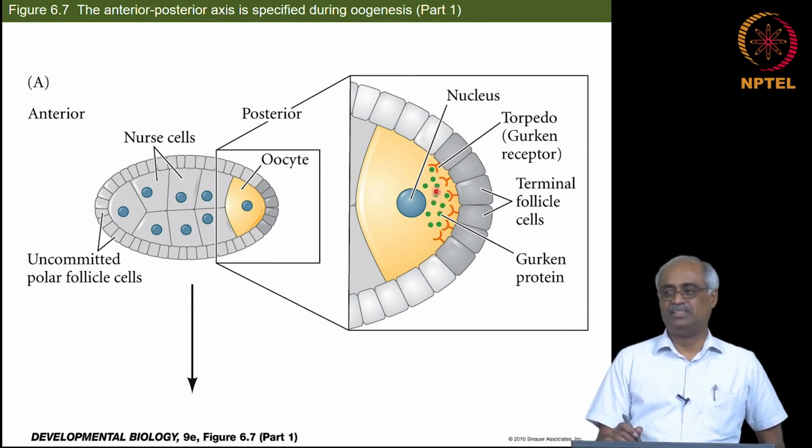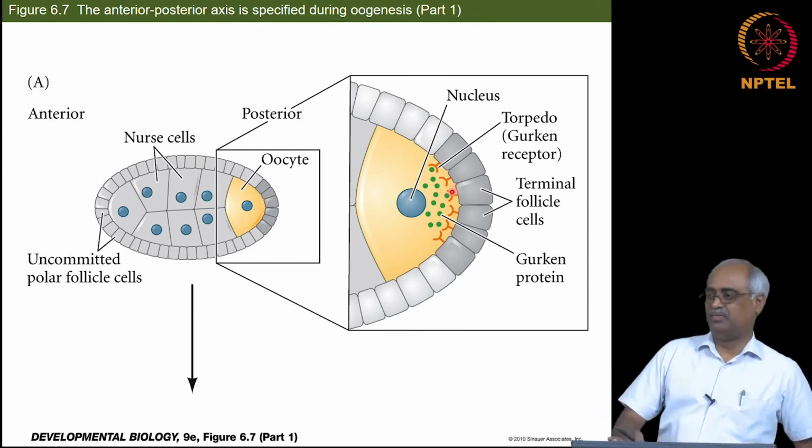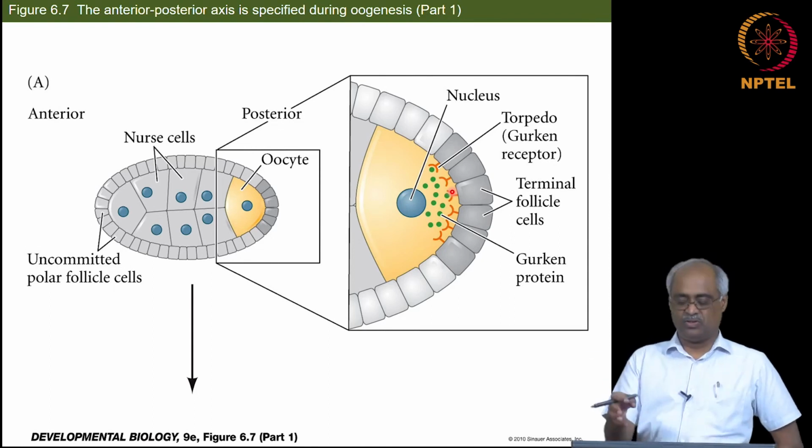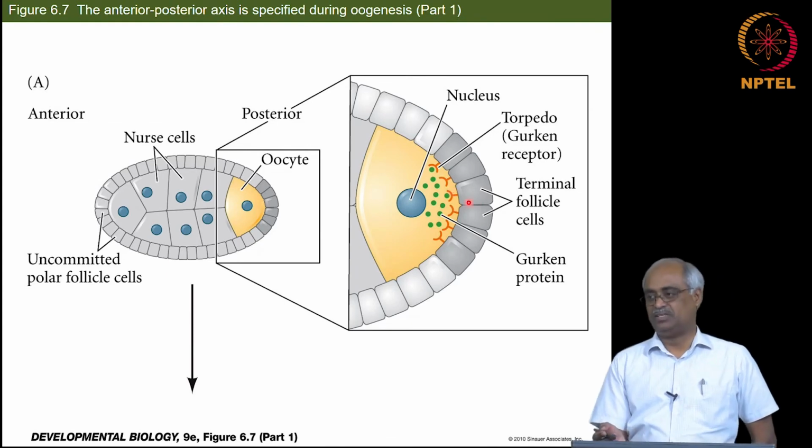That is actually the starting of everything. This Gurken is made between the oocyte nucleus and these follicle cells. Why does the nucleus move towards them? That is how it forms during these divisions. During the cell divisions, through the orientation of the spindle, the nucleus ends up being closer to the posterior.